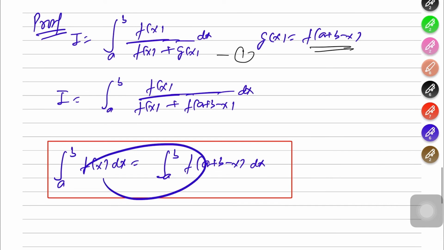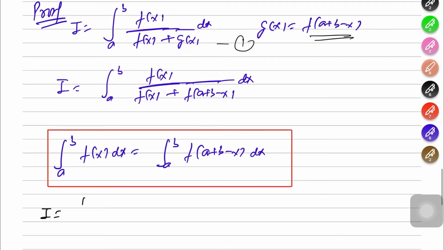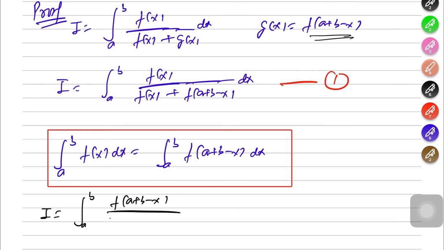Now we'll use this property of integration. The same integral can also be written as I is equal to the integral from a to b of f of a plus b minus x upon, in place of f(x), see equation 1, upon f of a plus b minus x plus, if you substitute in f of a plus b minus x, so a plus b minus a plus b minus x dx.